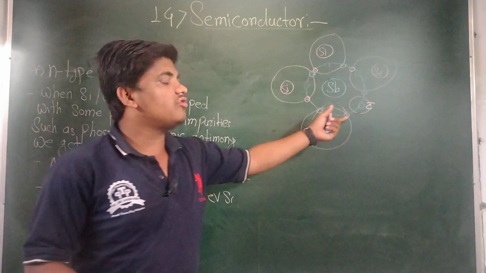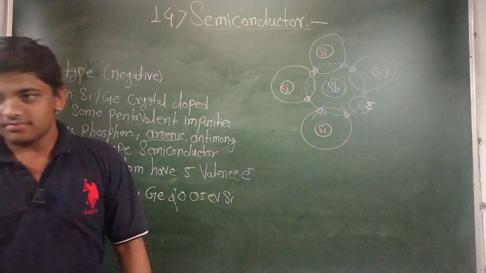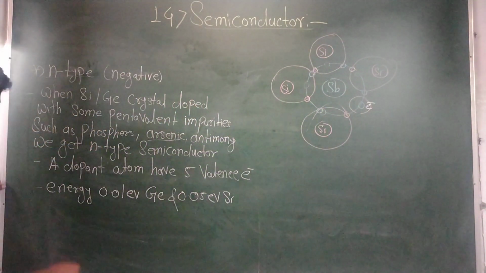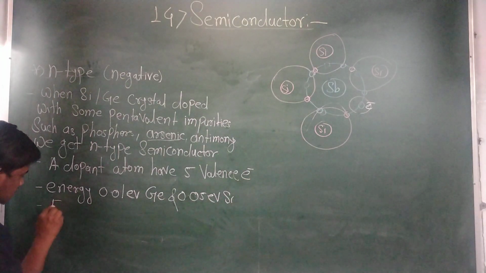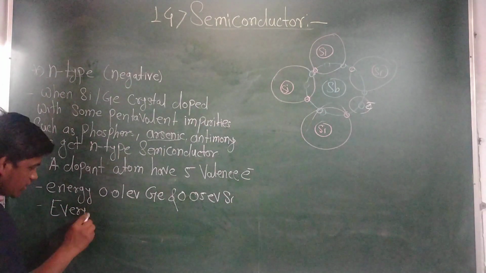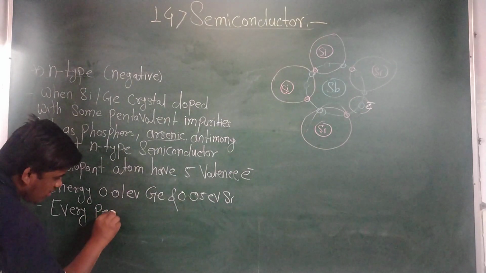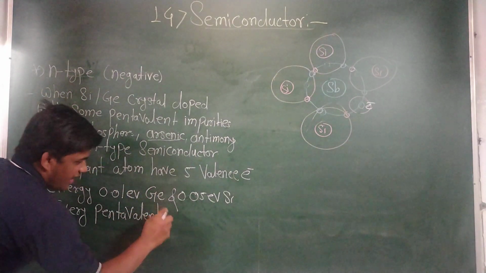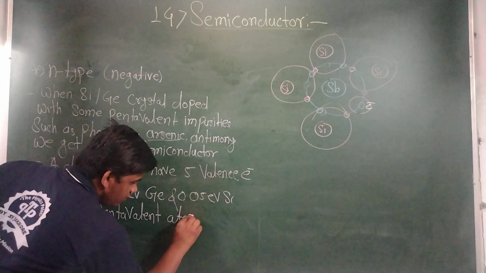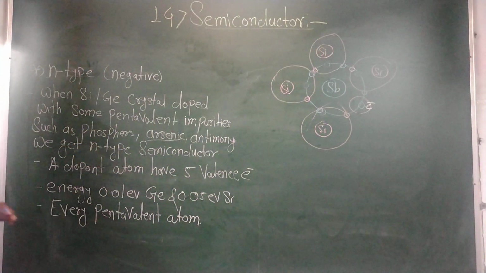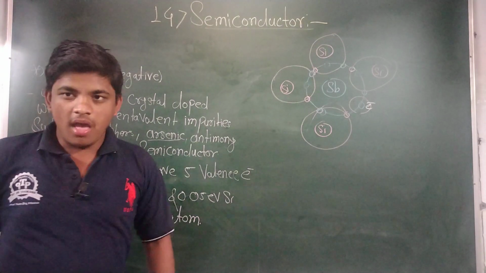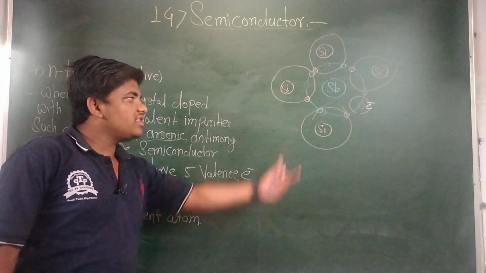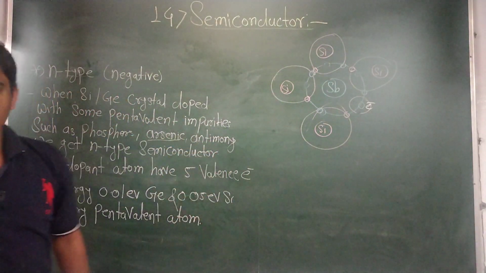Then these electrons start taking part in conduction. Then I will write one sentence here: every pentavalent atom makes covalent bonds with silicon, and one electron gets free.